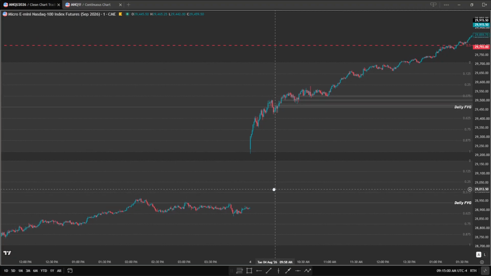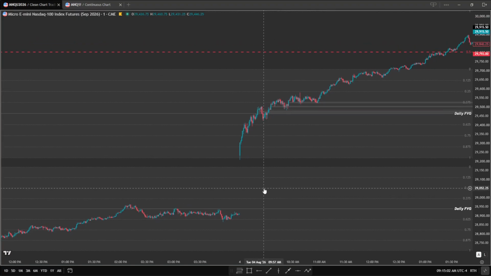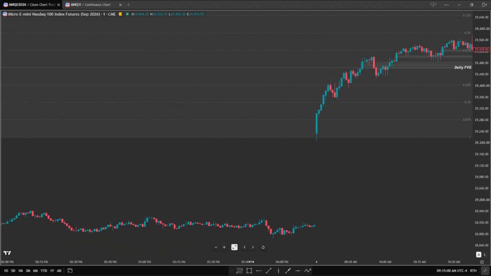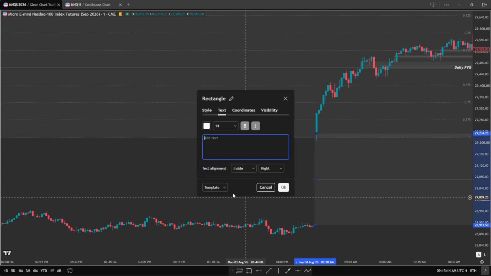In fact, I'm going to get rid of this daily fair value gap, and I'm just going to have annotated the new day opening gap. What day is that?